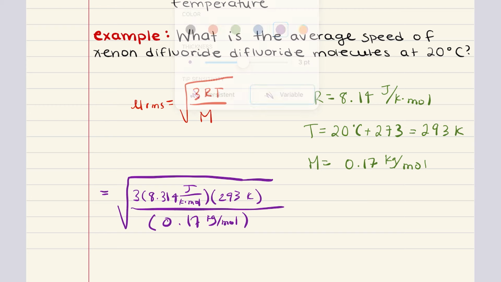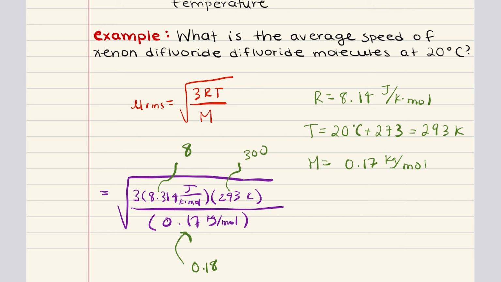Now, let's go ahead and approximate some of these numbers, so things can cancel out appropriately. So I'm going to approximate 8.314 to just 8, and I'm going to approximate the temperature to 300 Kelvin, and then I'm going to approximate the molar mass to about 0.18.